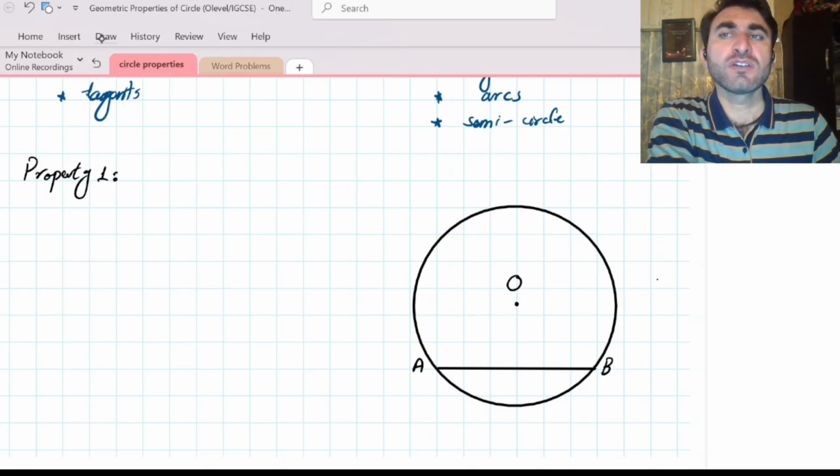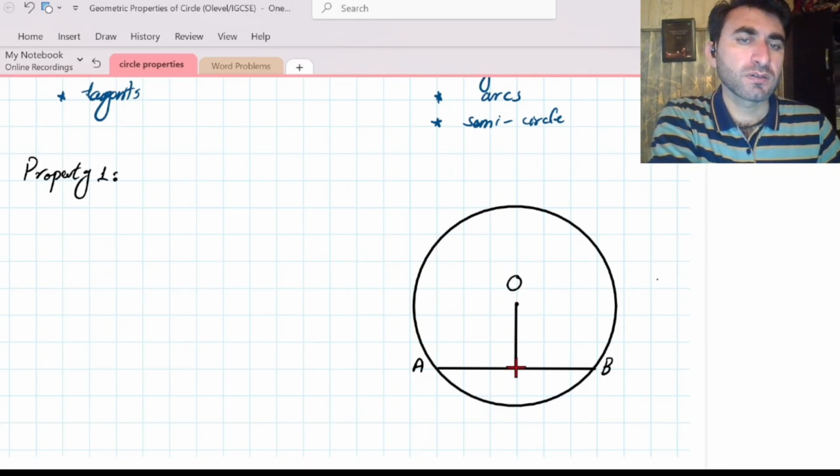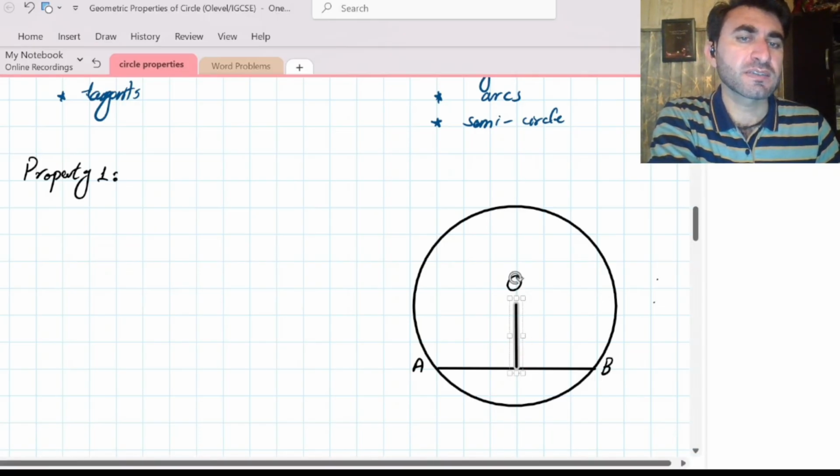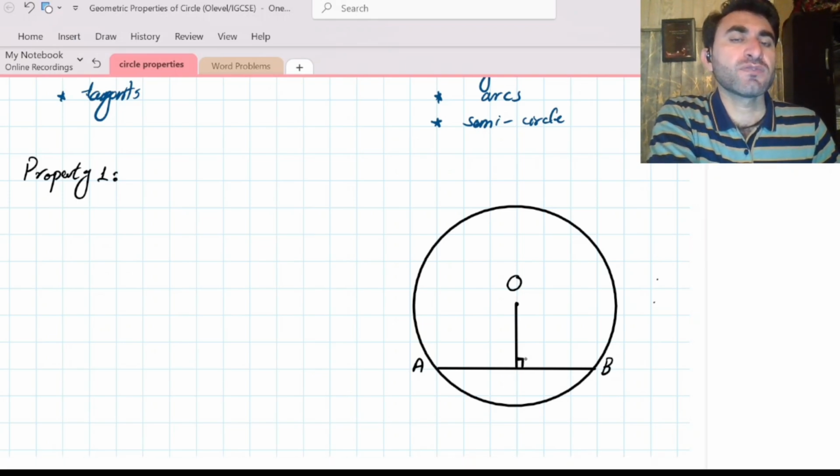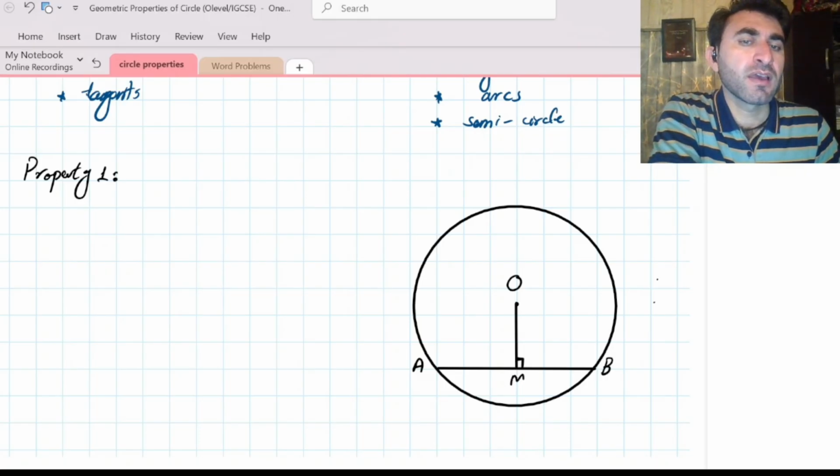And if I draw a perpendicular from the center, the property states that any perpendicular from the center of a circle to the chord will bisect it. If I say M is the foot of the perpendicular, then AM must equal BM.